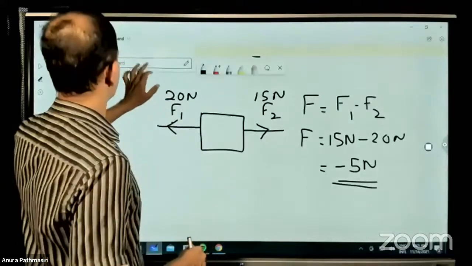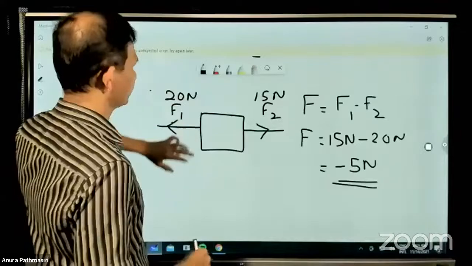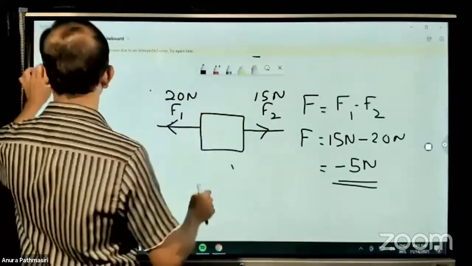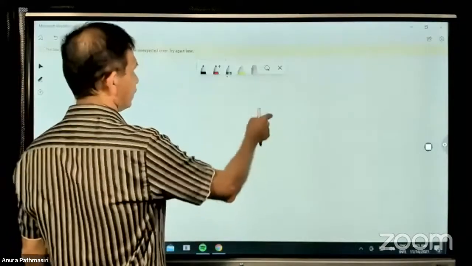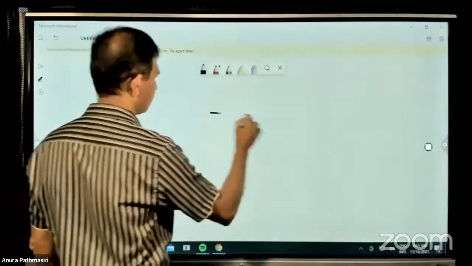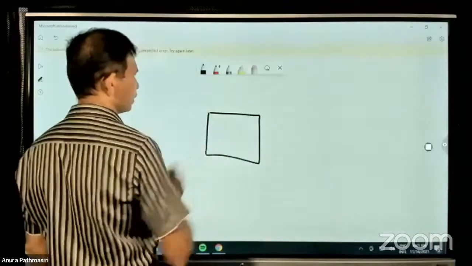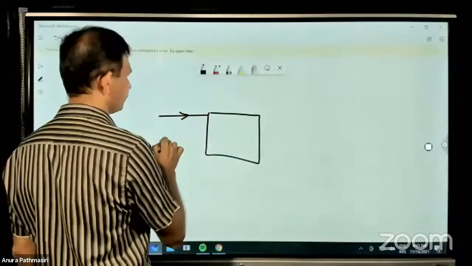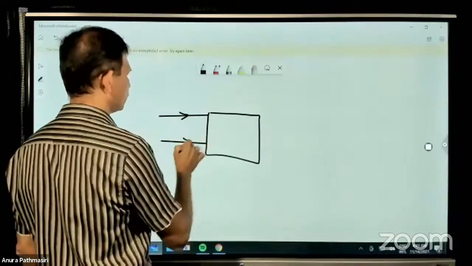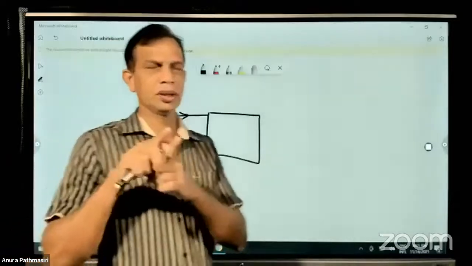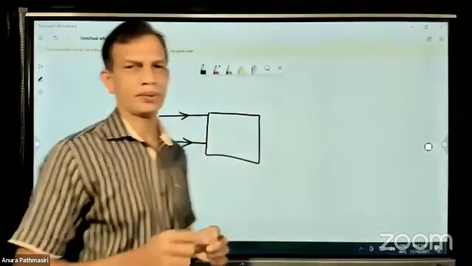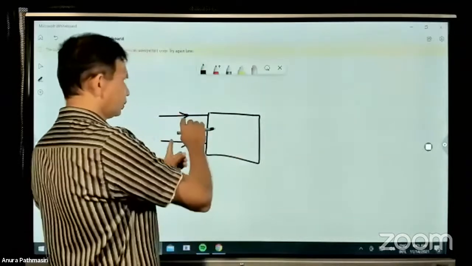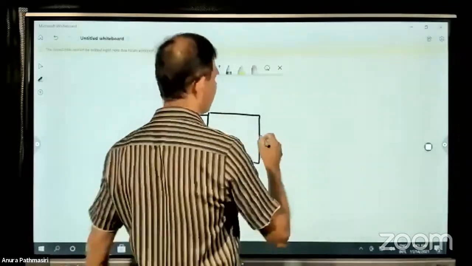If there is an object, you can have parallel forces. That means two lines of action which are going parallel to each other, and the two forces are in the same direction.